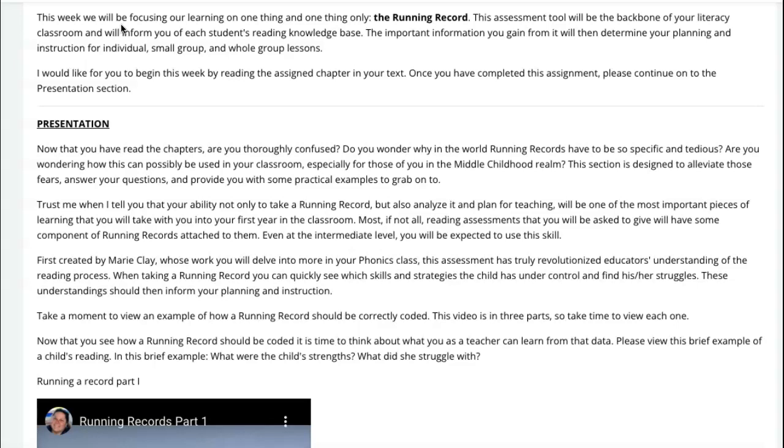This assessment has truly revolutionized educators' understanding of the reading process. When taking a running record, you are able to quickly see which skills and strategies the child has under control and find what he or she struggles with. These understandings should then inform your teaching and instruction.